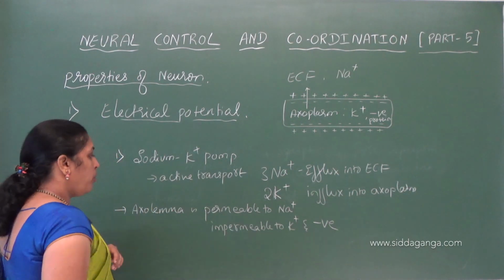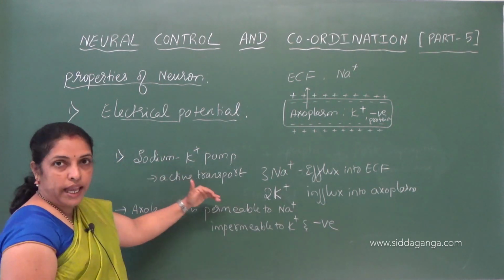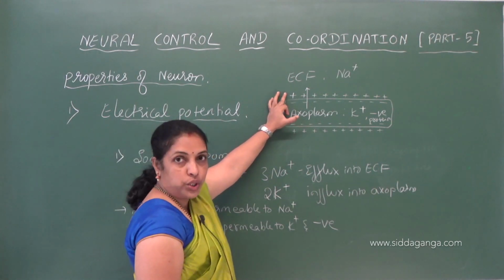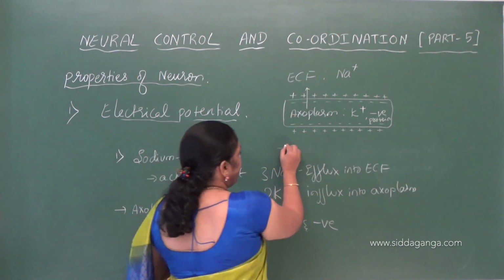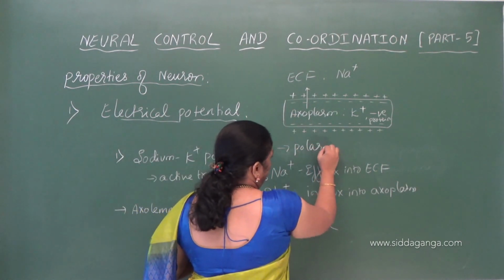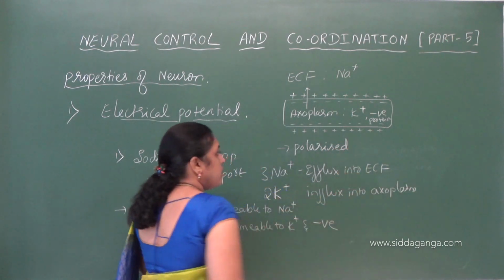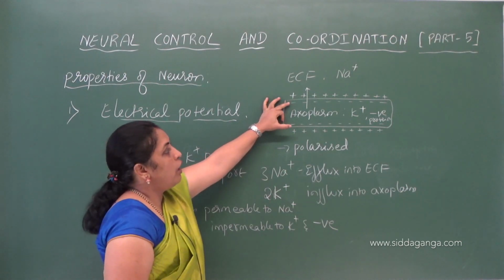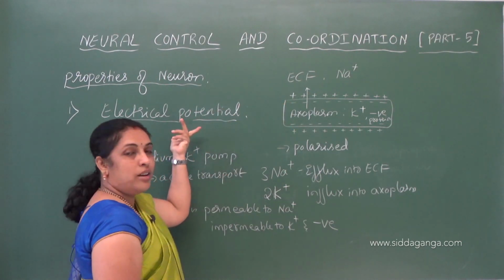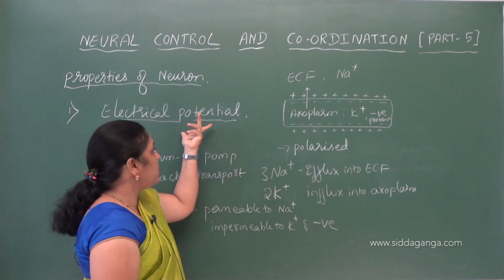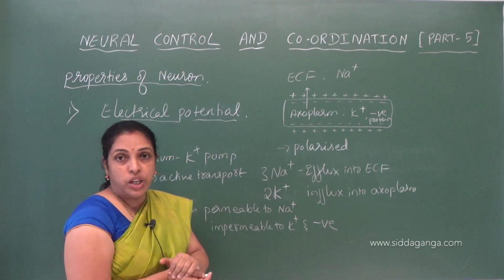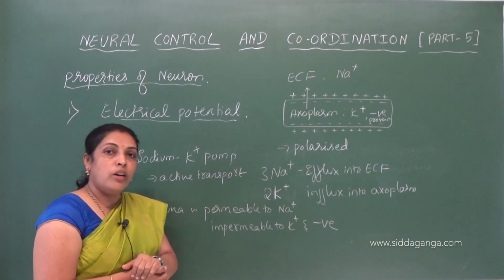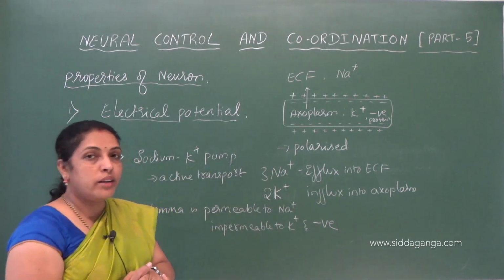That means the nerve fiber will be in a polarized state. This difference in the charges around the axolemma is nothing but electrical potential. Due to this electrical potential, the neurons are excitable and also conductible.